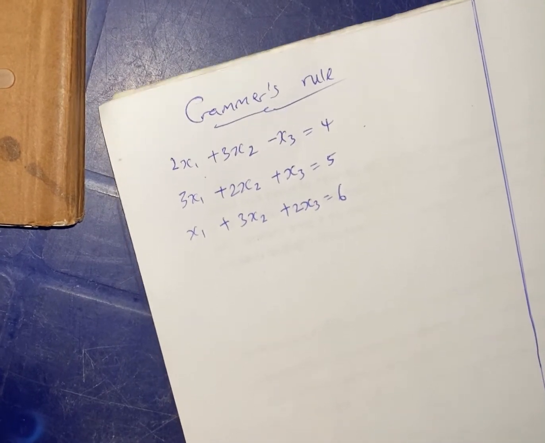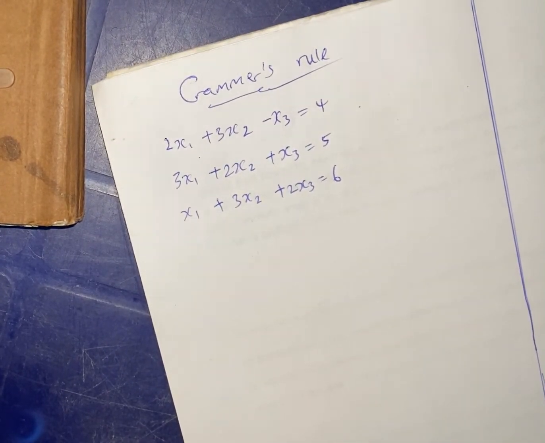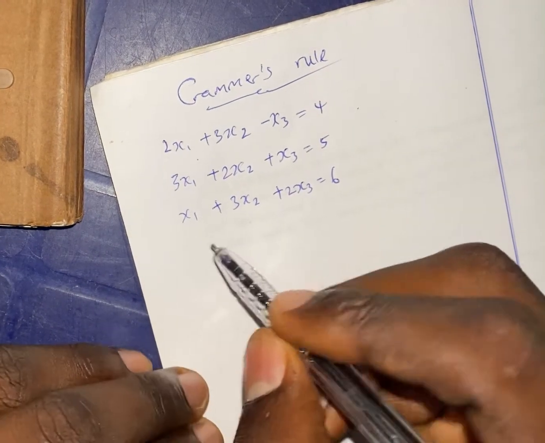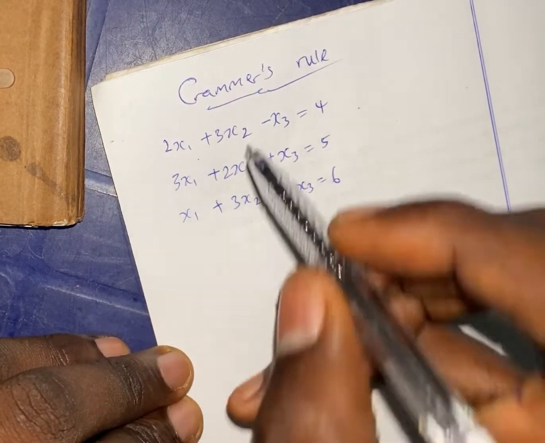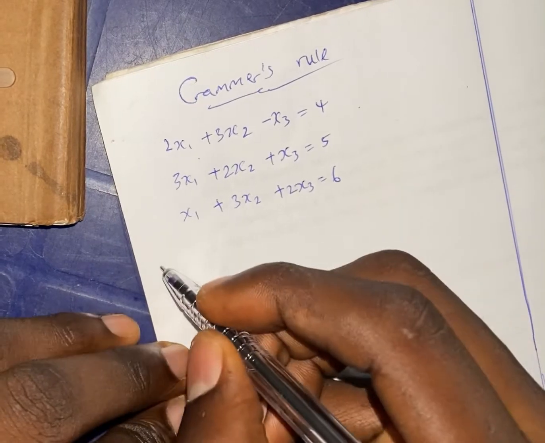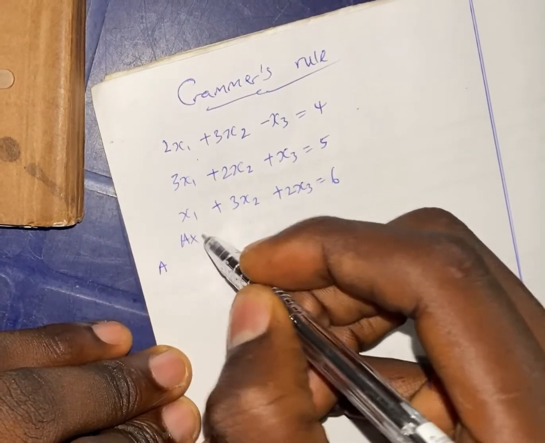What Cramer was trying to do is spare us the stress of calculating the inverse, cofactor, transpose, determinant and the likes. We'll be using determinants though. So let's make this our matrix as usual. Remember Ax is still equal to b.